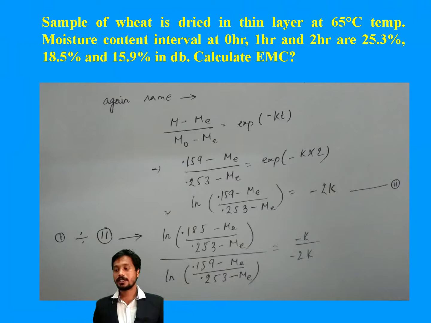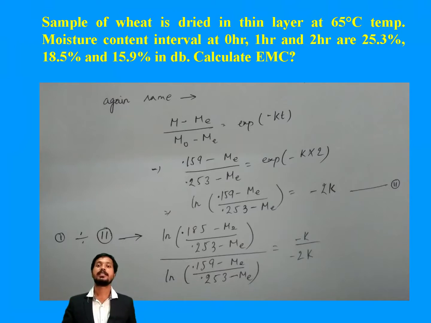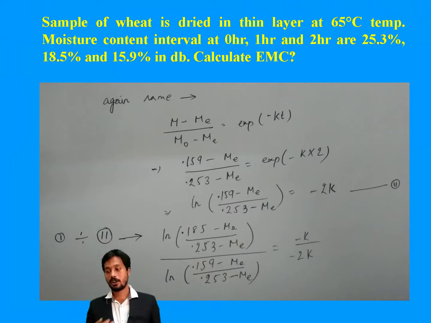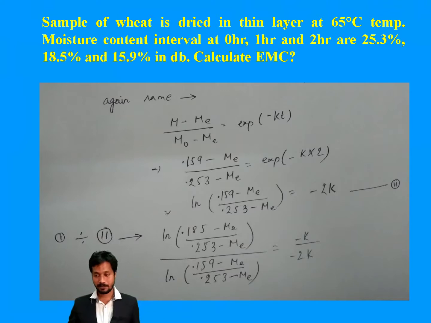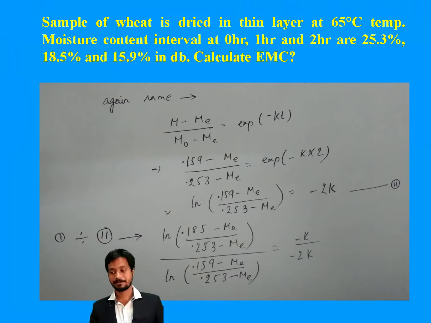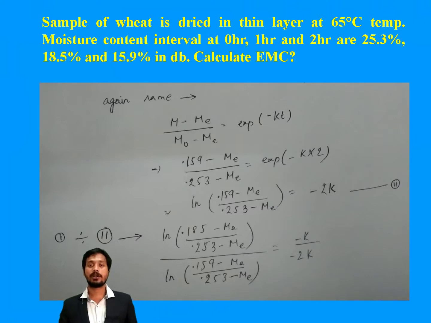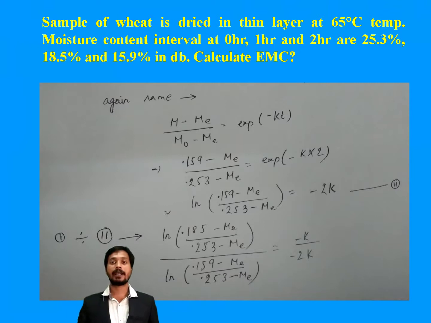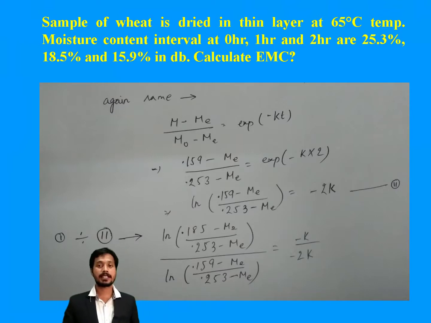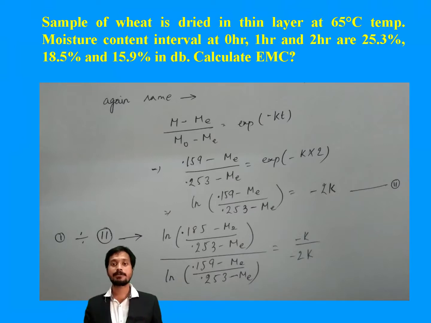Now dividing the first and second equations, the left hand side becomes ln of 0.185 minus Me divided by 0.253 minus Me, divided by ln of 0.159 minus Me by 0.253 minus Me, equals minus k by minus 2k. On the right hand side we can cancel the minus signs and cancel k and k.